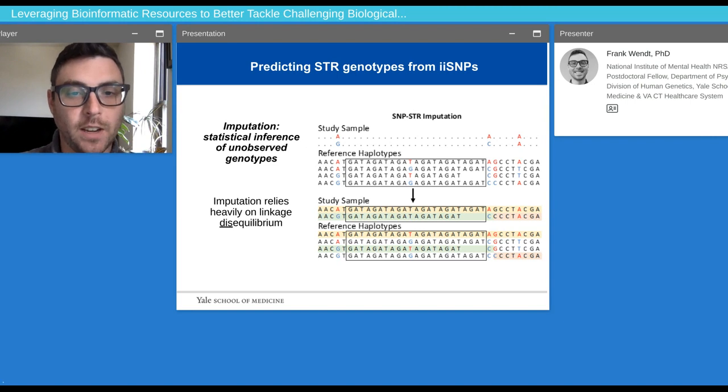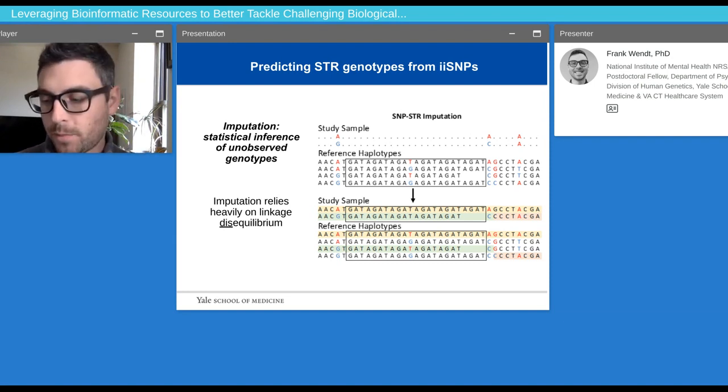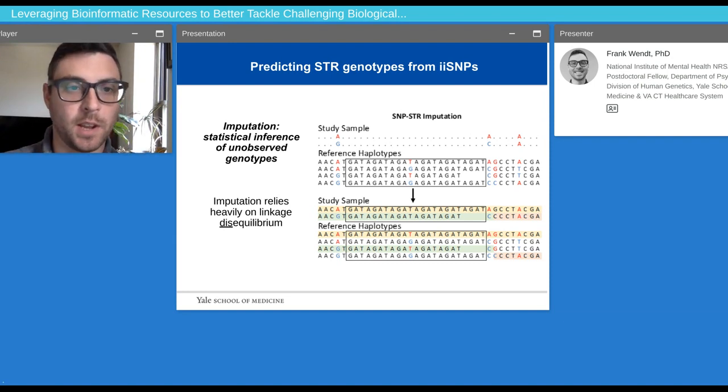This relies heavily on the concept of linkage disequilibrium between SNPs and STRs. In a diagram on the right side of the screen, I'm showing roughly how this works. If we have our study samples that contain our SNP haplotype of interest, we also have a set of reference information that includes typically whole genome sequenced reference panels that include our STRs in the black box and our SNPs of interest all in the same read.